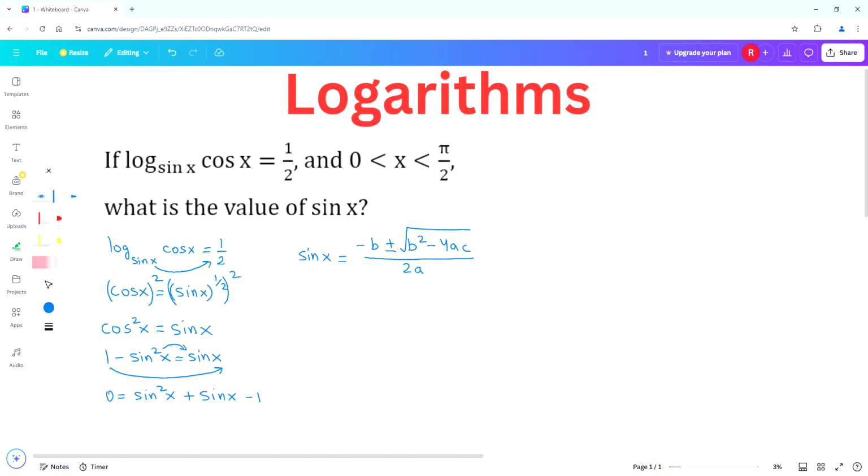This equation is in standard form. a is equal to 1, the coefficient of sin square x, b is equal to 1, and c is equal to negative 1. Now we can sub in these values in the formula.